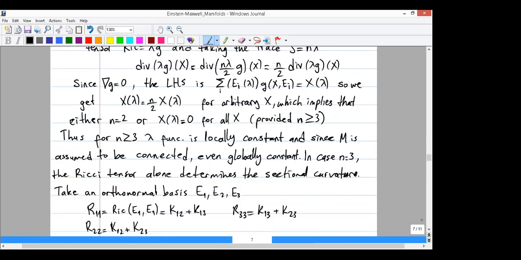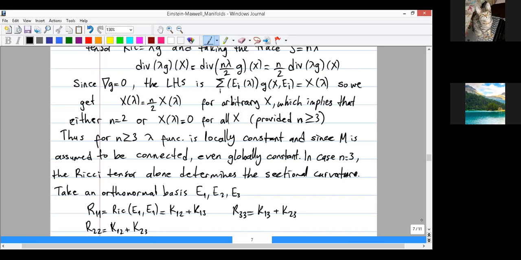Okay, let me check. For today, this is the introductory part that I wanted to give. Then we will go on with conformal transformation and some classifications and so on.